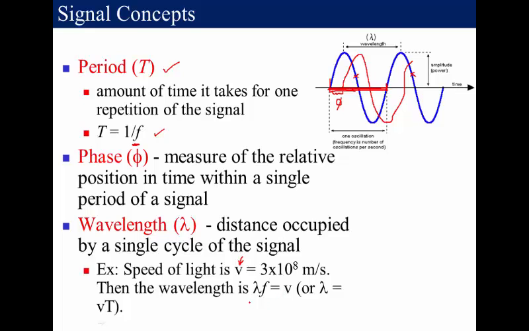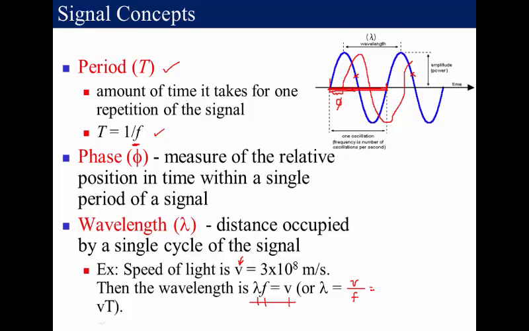So there is a formula among three parameters: wavelength, frequency, and speed, velocity. Then lambda f equals v. So lambda equals, if we divide both sides by f, then lambda equals v over f, right?